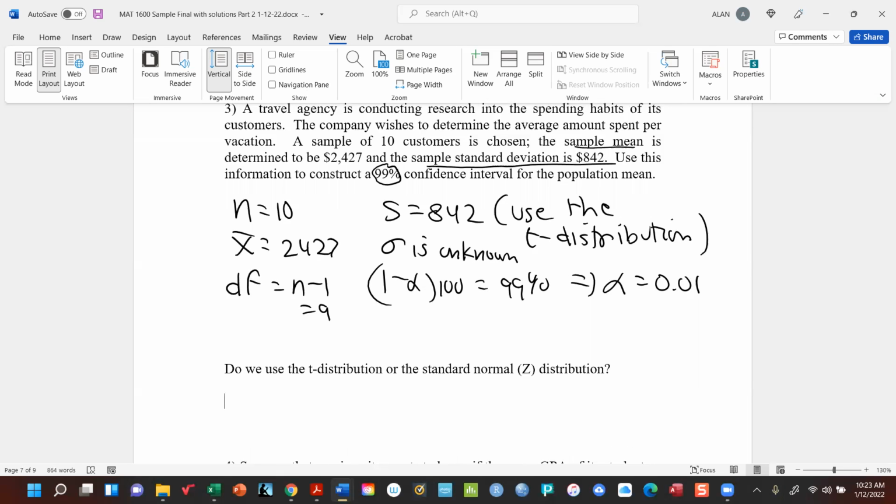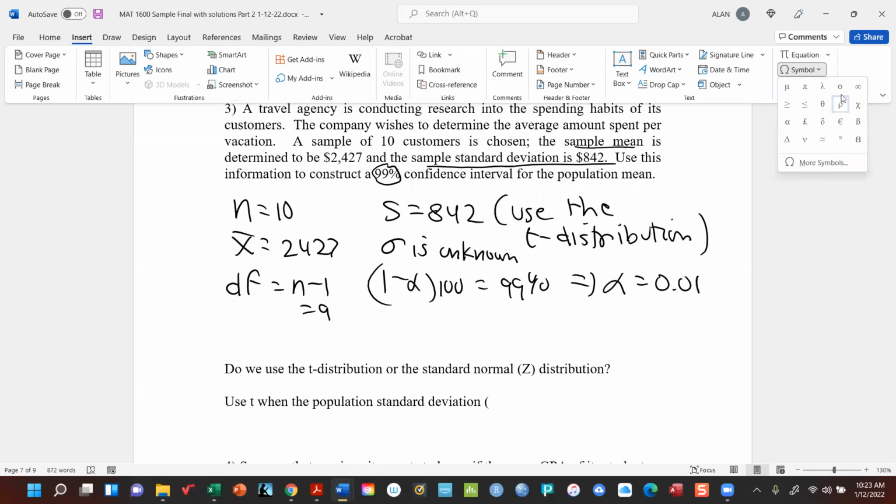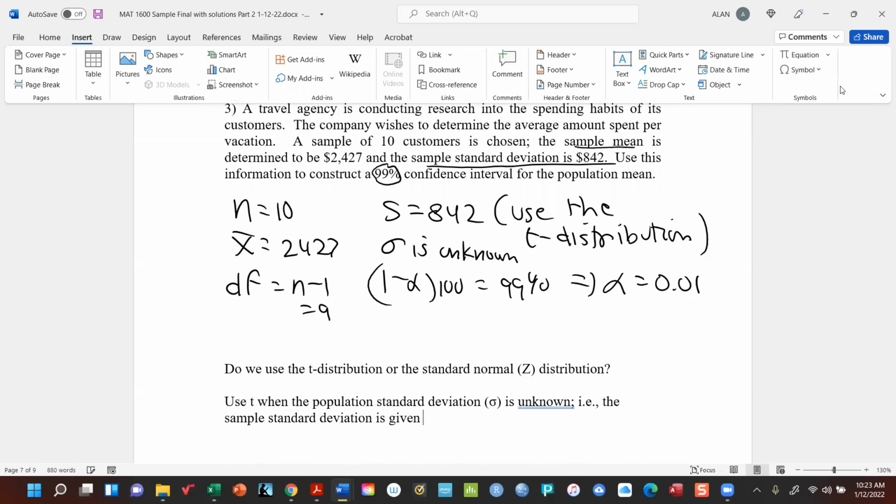Okay, so remember the rule is that we use t when sigma, the population standard deviation, is unknown. In other words, the sample standard deviation is given in the problem.